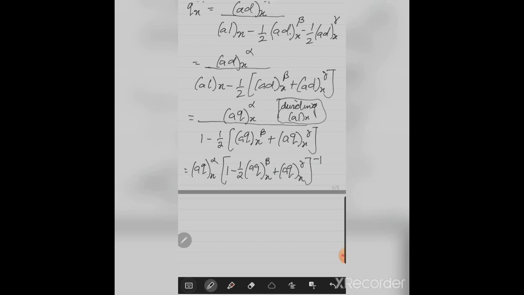So 1 minus x to the power of minus 1 becomes 1 plus x, if you're using the higher powers.